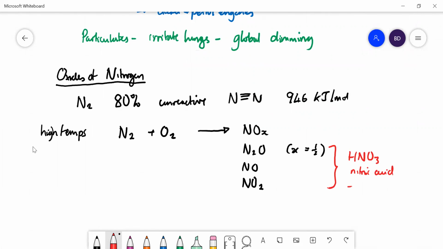That causes acid rain, which is obviously damaging to aquatic life and things, but it also causes respiratory problems. So diesel and petrol engines produce nitrogen oxides, and they cause breathing problems.